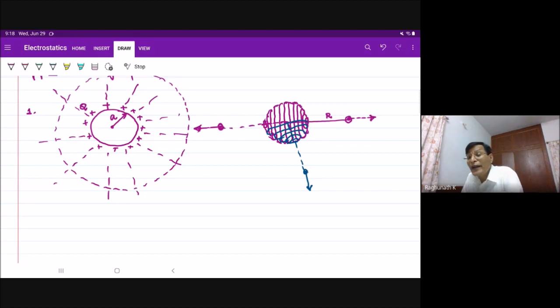Then I can represent it as an infinite combination of so many differential surface charges. Why can't we determine the electric field intensity at any point in the field by using integration?